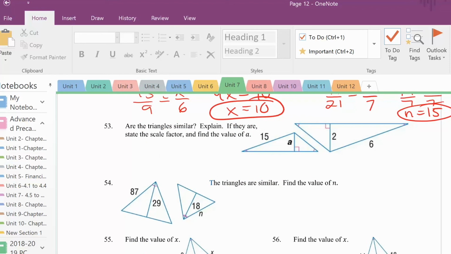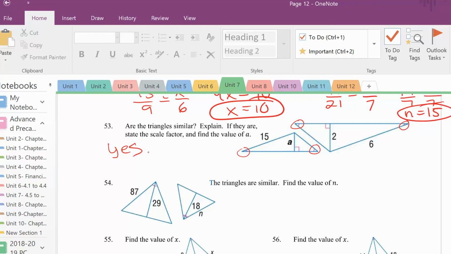Here, are the triangles similar? Explain. If they are, state the scale factor and find the value of a. Well, in this triangle here, the answer is yes, because of angle-angle similarity. Because notice you have these two angles are congruent, and then these ones are also congruent.